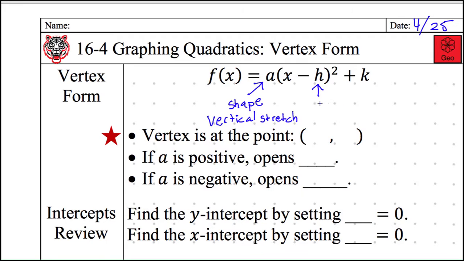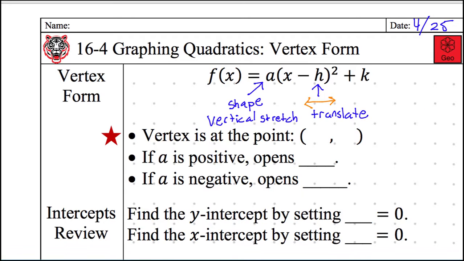H affects the shape here, left and right. This moves the function left and right. I don't like the word move because we're a little bit more technical than that. I'm going to use the word translate. And this doesn't mean translate English into Spanish. In math, it means move.